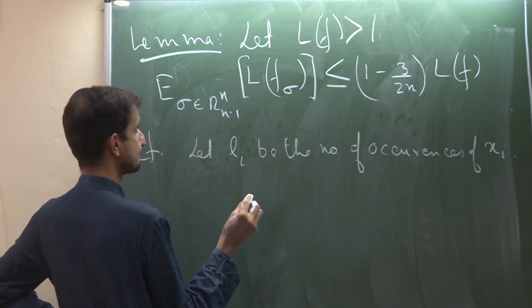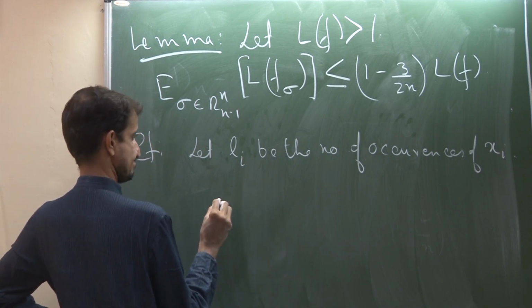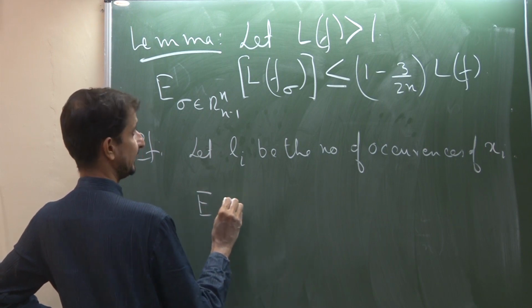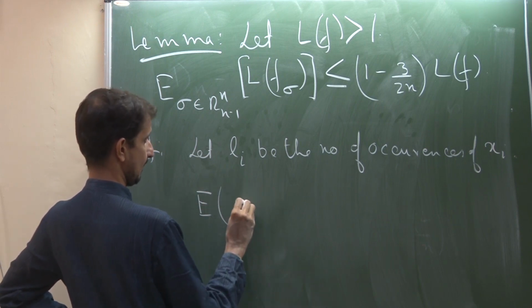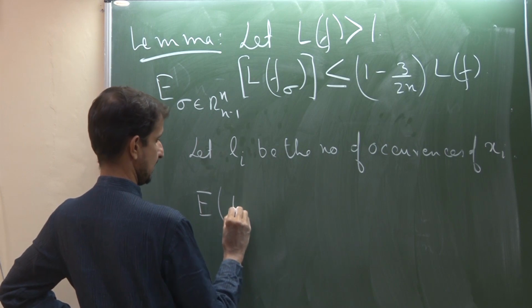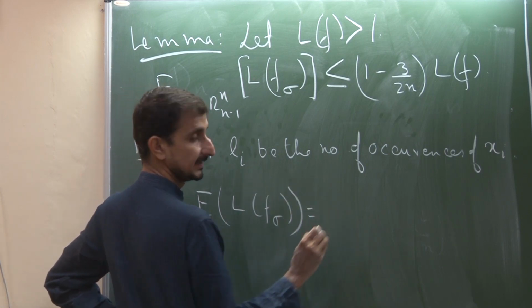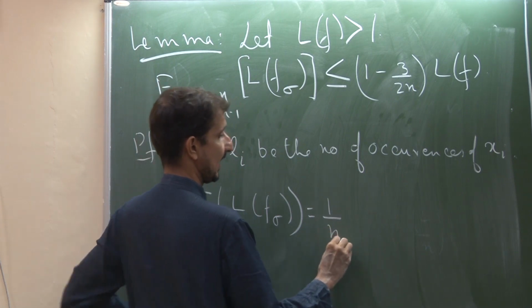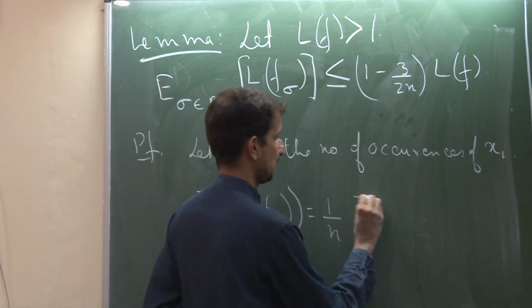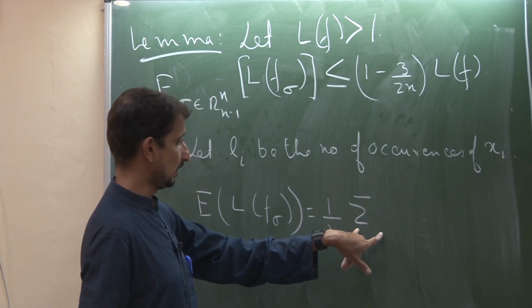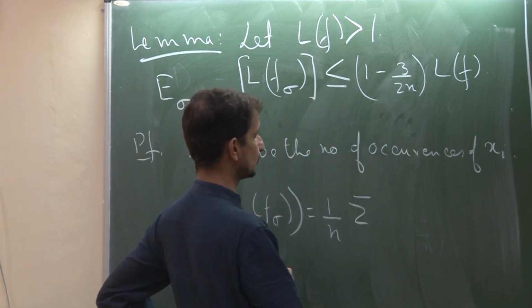So, what is this quantity? The expected value of L of f sigma is nothing but I sum all these quantities.